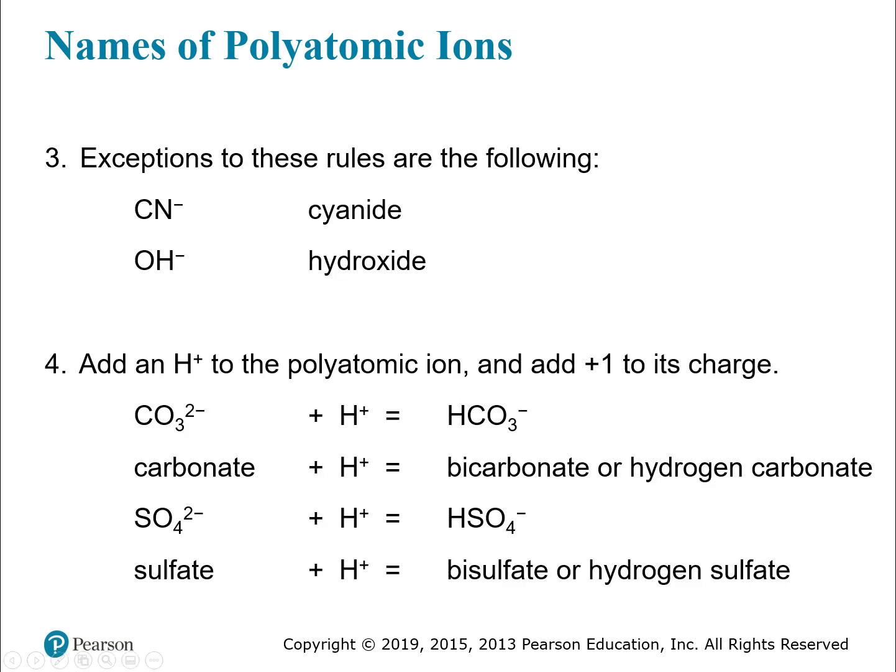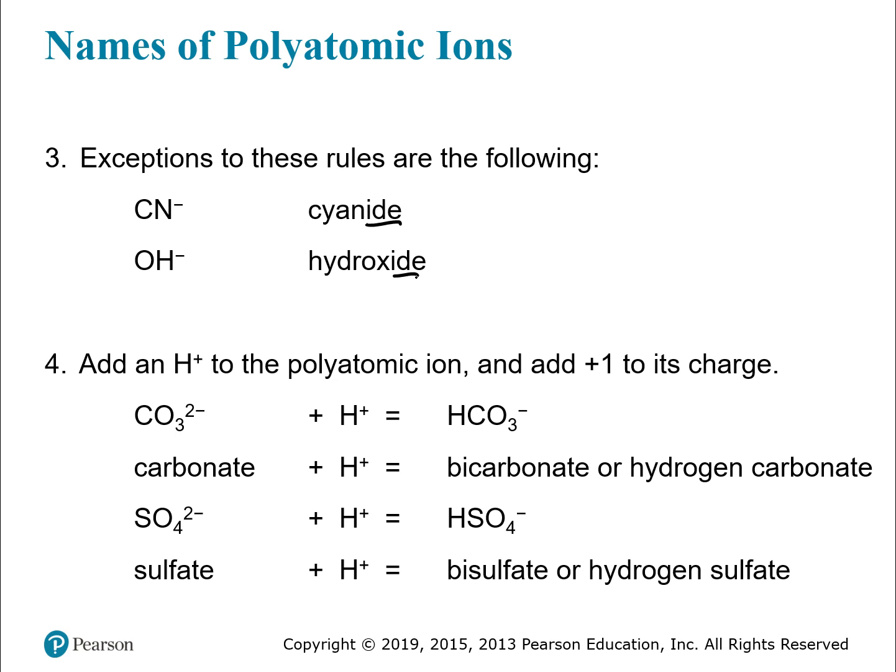Some exceptions include cyanide and hydroxide. So they end in IDE, just like sulfide or oxide or phosphide. If you take a polyatomic ion, a 2-, and you add a hydrogen to it, you're going to add 1 to its charge.